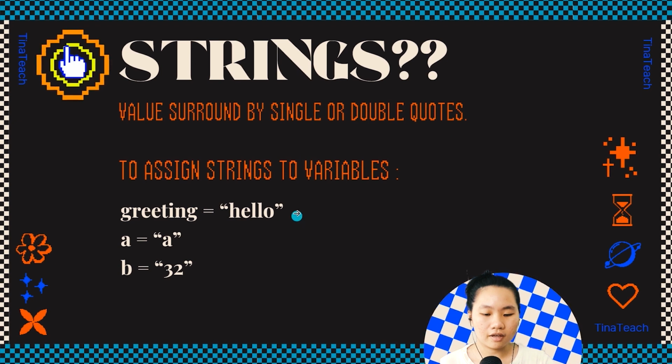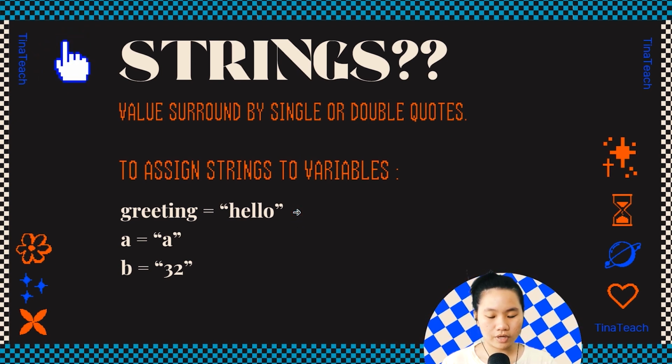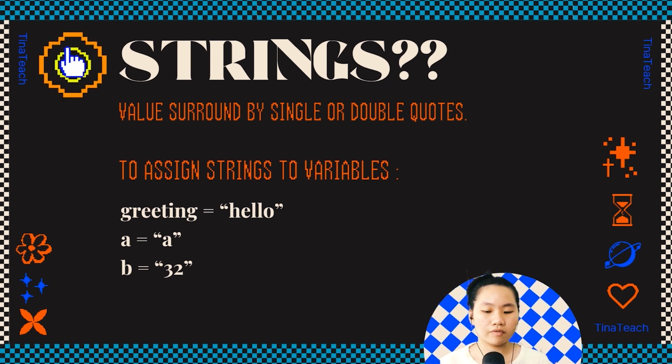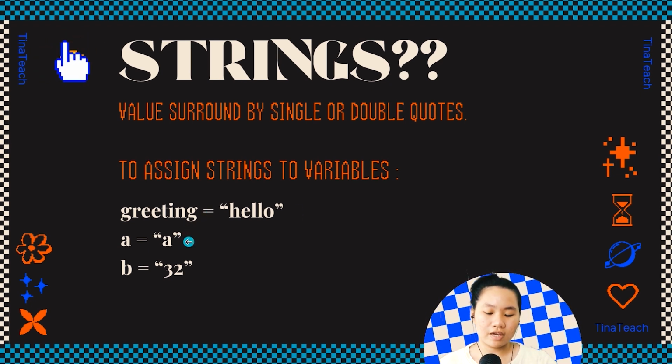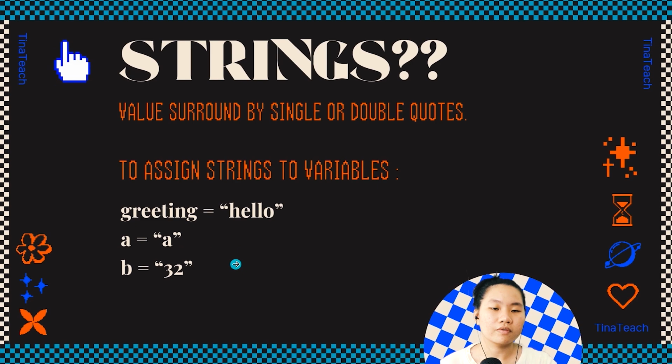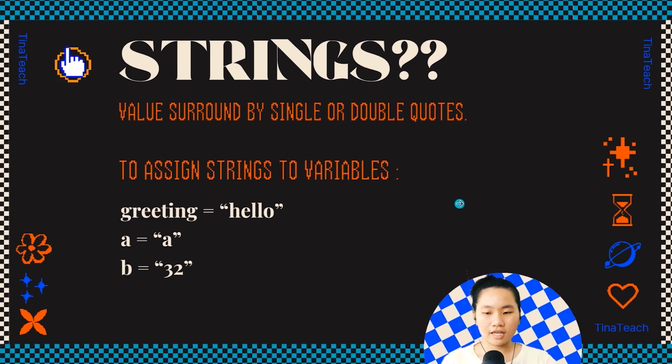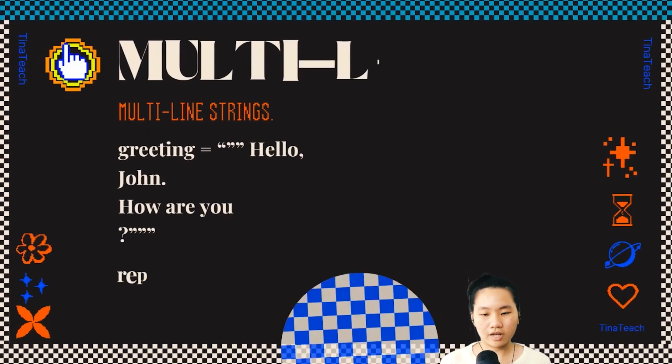Okay, I have some examples for you here. We have the variable greeting, then we have the value of hello, we have a with a and b with 32.